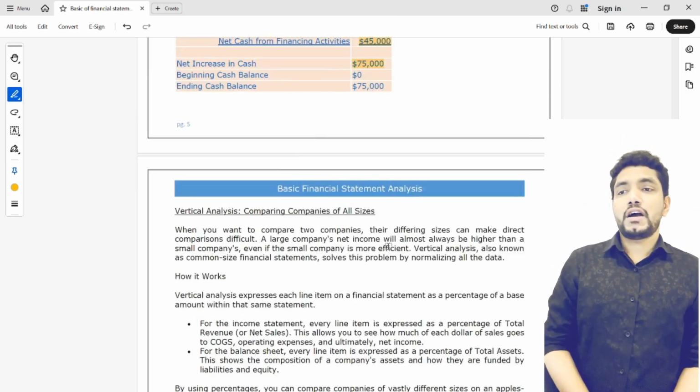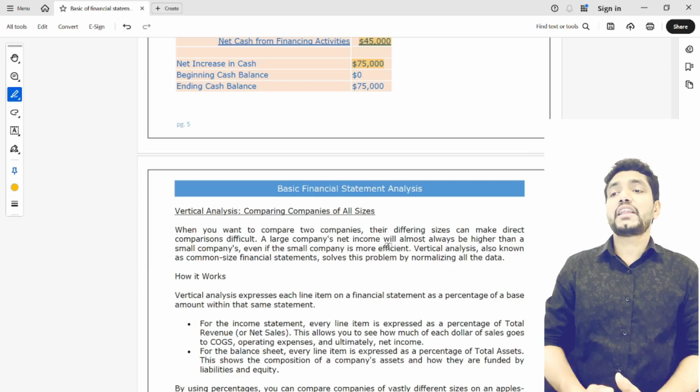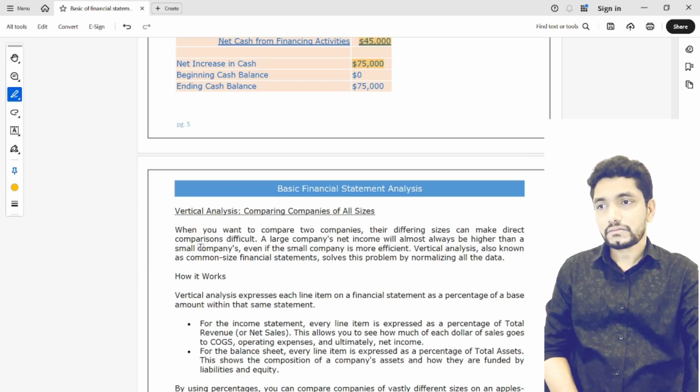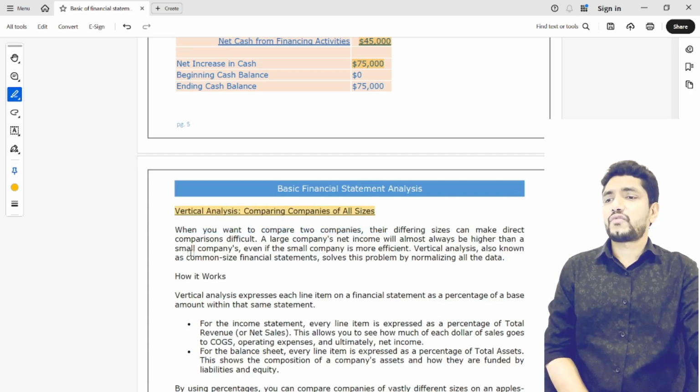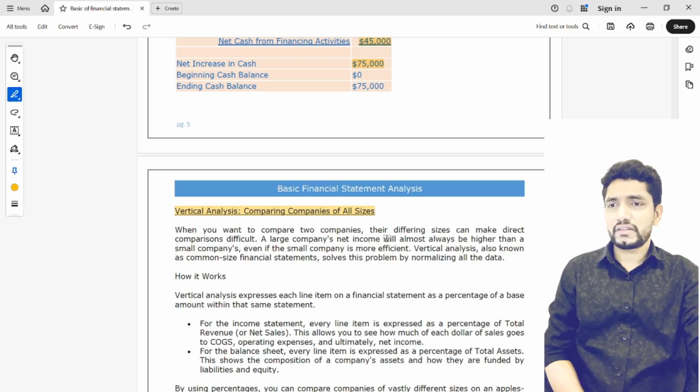Now we'll move into the financial statement analysis. The first one is vertical analysis. When you want to compare two companies, their differing sizes can make that comparison difficult.